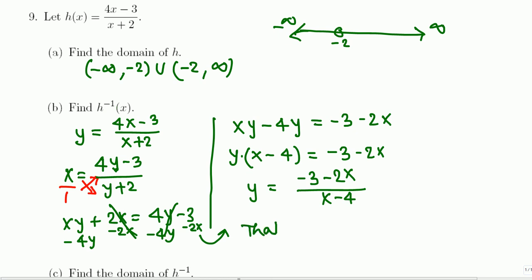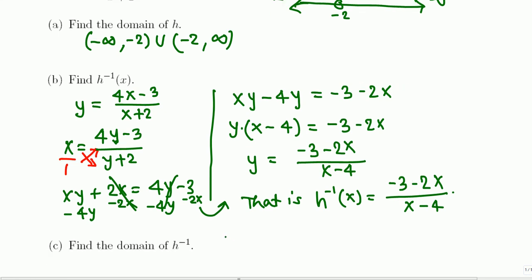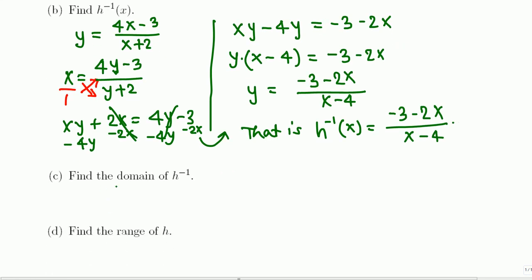That is, h inverse in terms of x is (-3 minus 2x) over (x minus 4). That's final for B. In part C, we need to find the domain of h inverse.